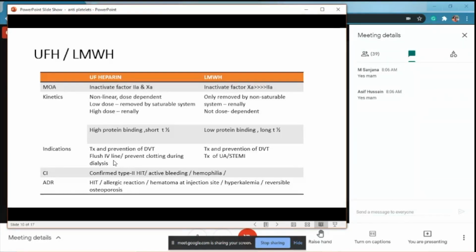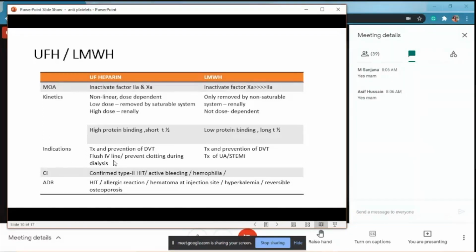Okay. Now, kinetics is really important to know when it comes to unfractionated heparin. Let's call it heparin. We all know that heparin has non-linear, dose-dependent kinetics. Why? Because at low dose, heparin is removed by a saturable system.